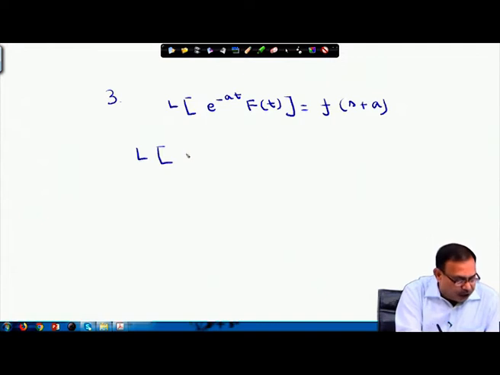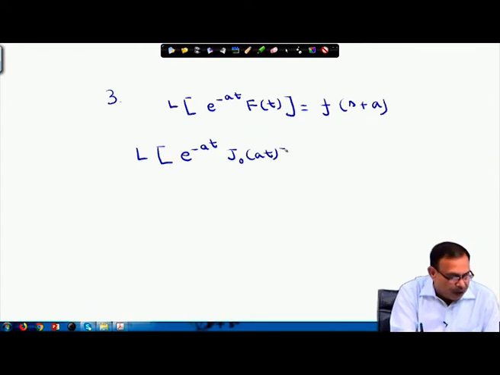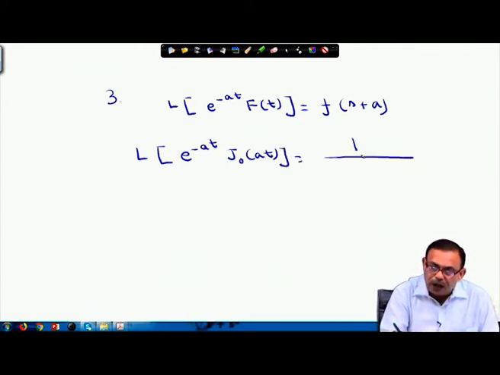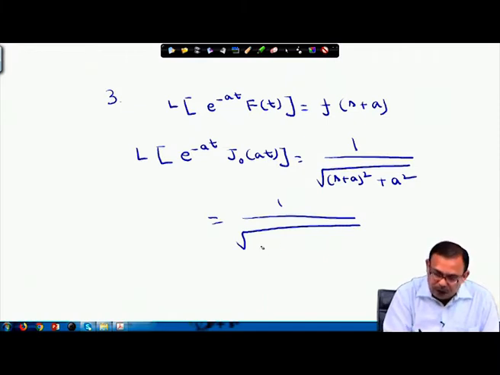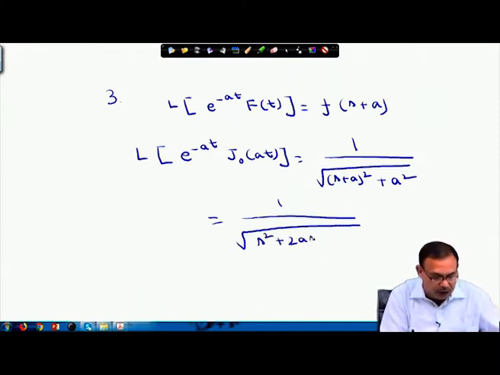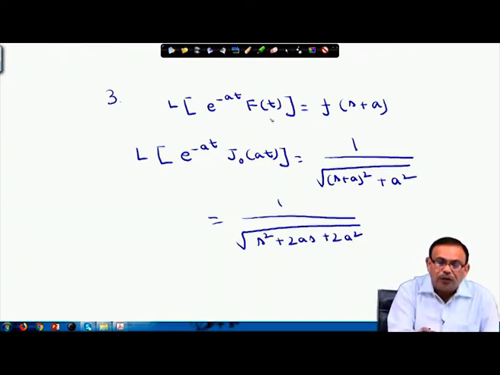So, the Laplace transform of e to the power minus at into J0(at) is simply s replaced by s plus a in the earlier example. That is 1 by root over (s plus a) whole squared plus a squared, and I will obtain the result as 1 by root over s squared plus 2as plus 2a squared. So, I am getting the Laplace transform of e to the power minus at J0(at) as 1 by root over s squared plus 2as plus 2a squared.